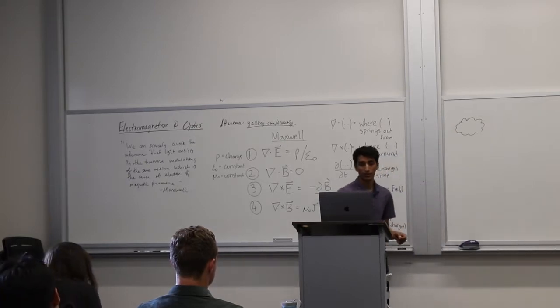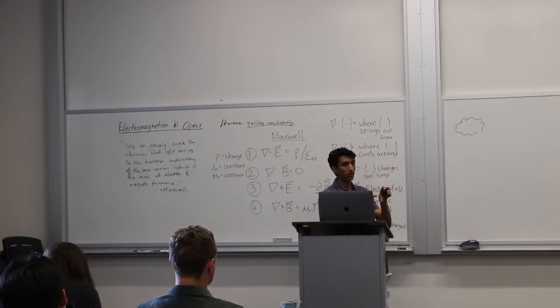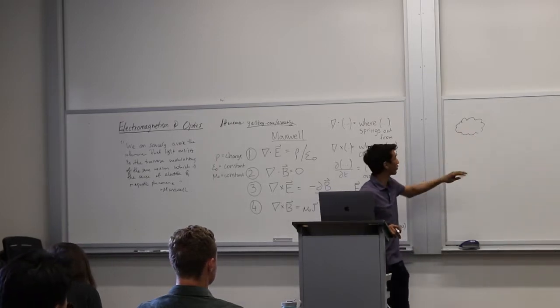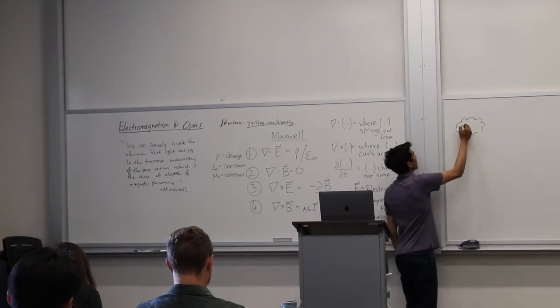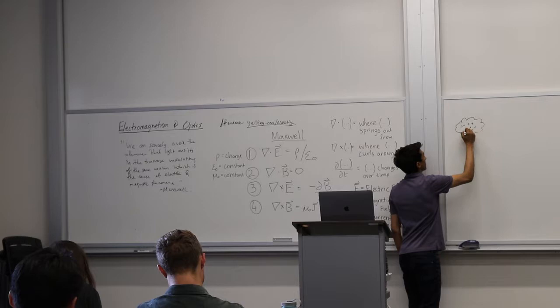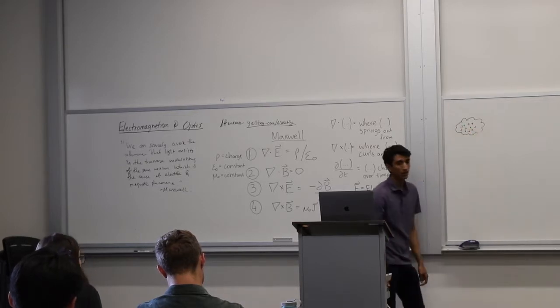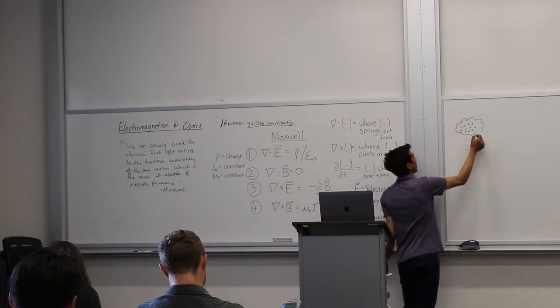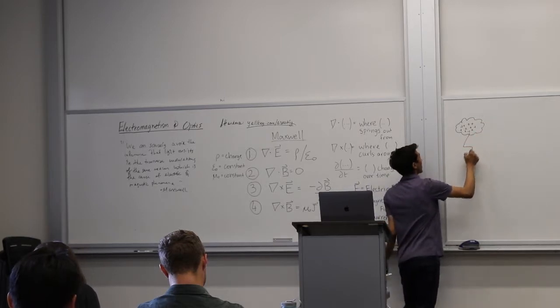Basically, when clouds move past each other, you can end up with clouds that have an overabundance of positive charges, so they start looking like this. And when you have a cloud that looks like that, at some point you end up with lightning. And the question is, why exactly does that lightning happen?